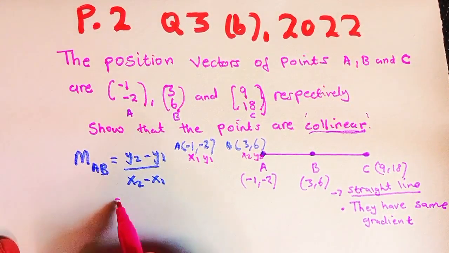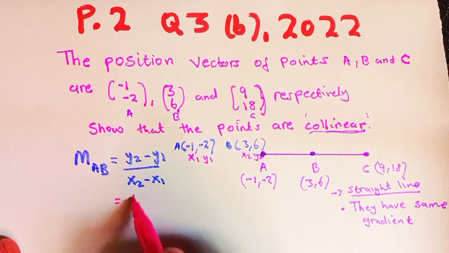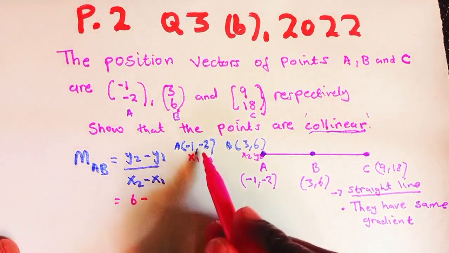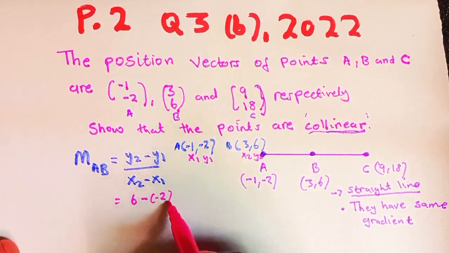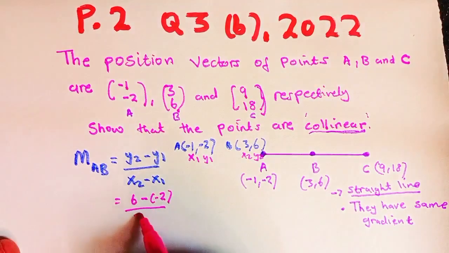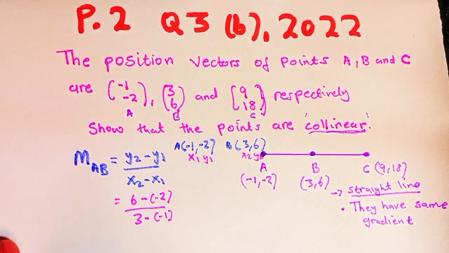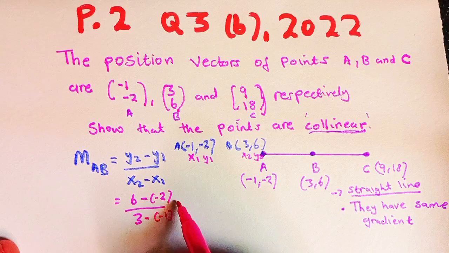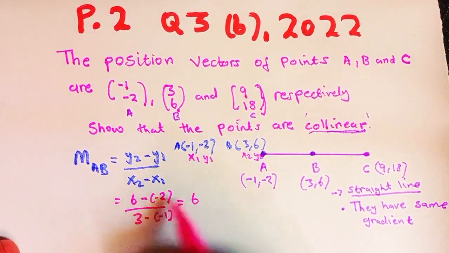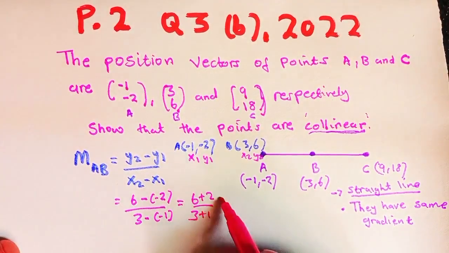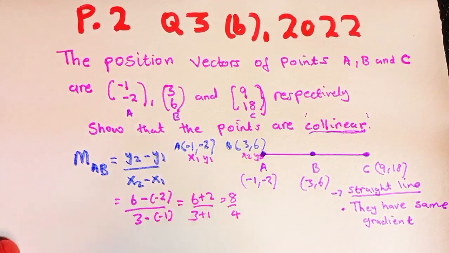For this particular one, y2 is 6, minus y1, which is -2, over x2, which is 3, minus x1, which is -1. So this is 6 plus 2 over 3 plus 1, and here you get 8 over 4. When you divide that, you find that the gradient for AB is 2.